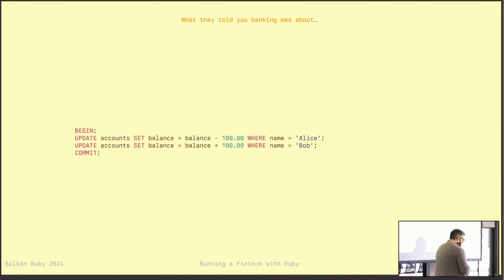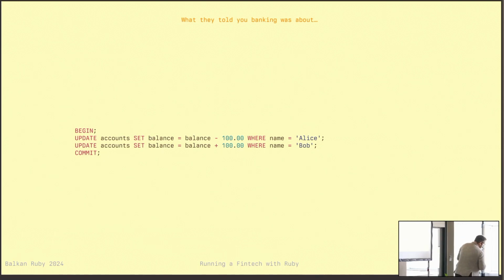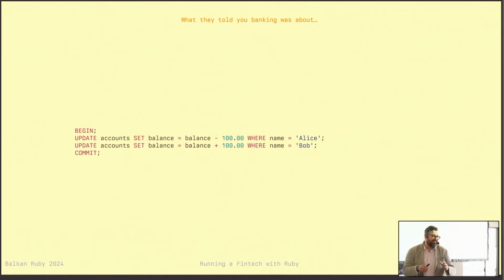Usually when we start learning about databases, one of the key concepts is the concept of a transaction, right? And invariably, every single time that someone is explaining transactions, they usually use an example like this. You basically want to move 100 euros from one account to another account, and we are so afraid of messing up the transportation of money that we can't envision a moment where the state of the database becomes inconsistent.